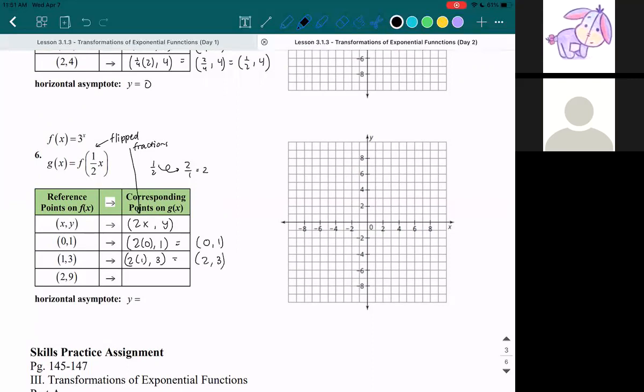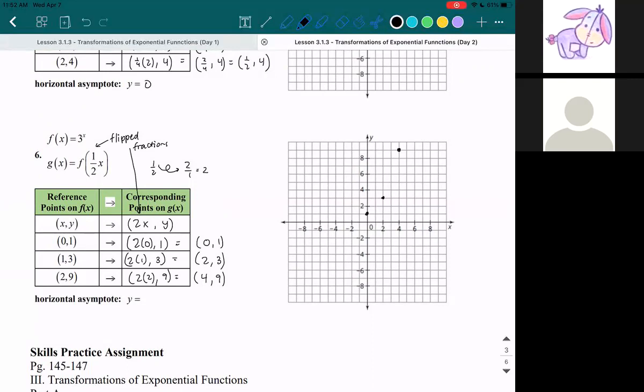So it becomes 2, comma, 3. The last one is 2 times 2, comma, 9. And 2 times 2 is 4. So we have our 3 points. Let's plot them out. Okay, so we have our points there.